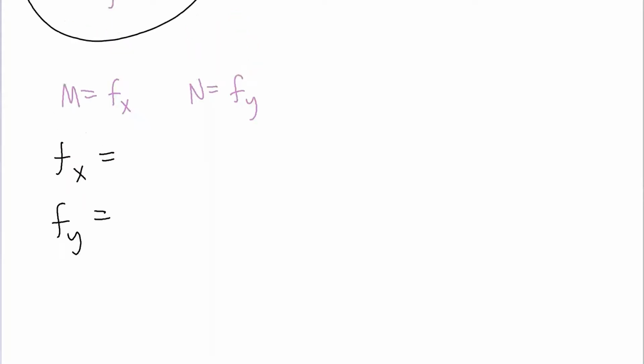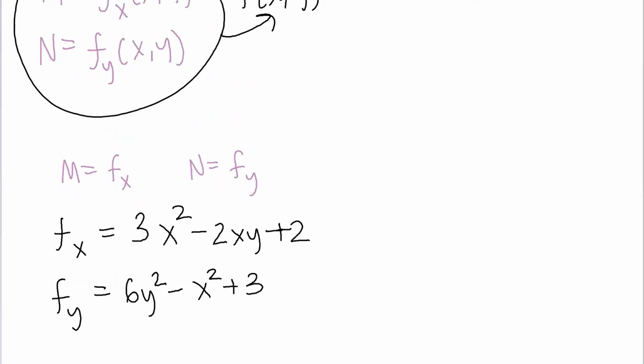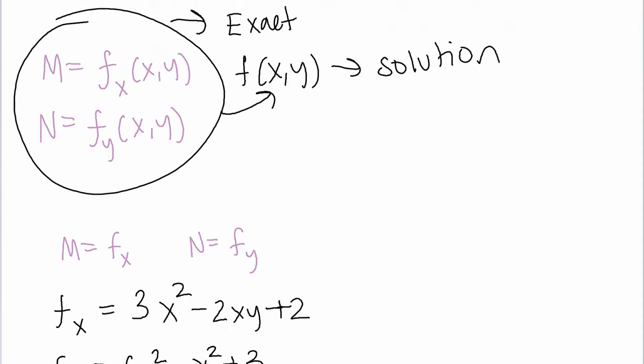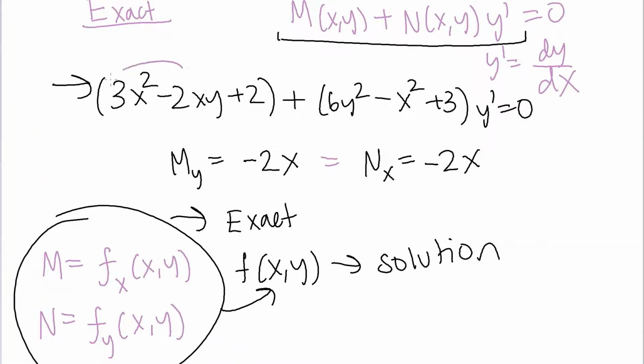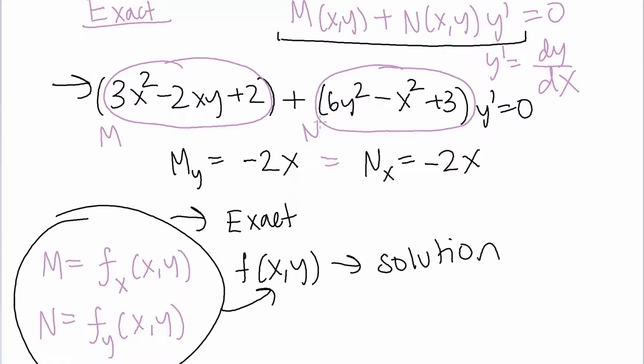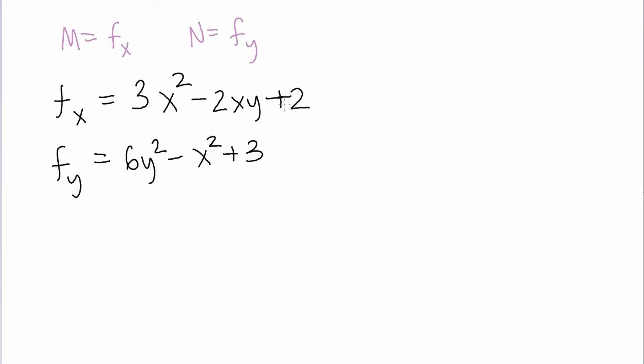So I went back up and copied down M and N, which, if you want to remember, this is M and this is N. So I just copied these down here, and now we can solve for f of x, y.